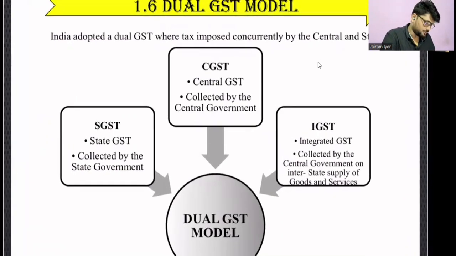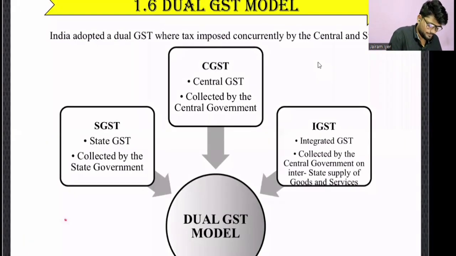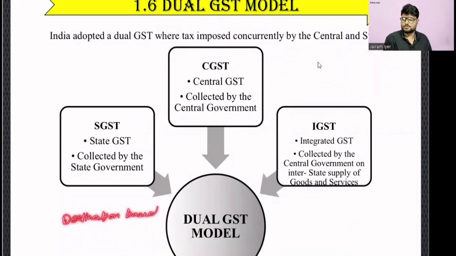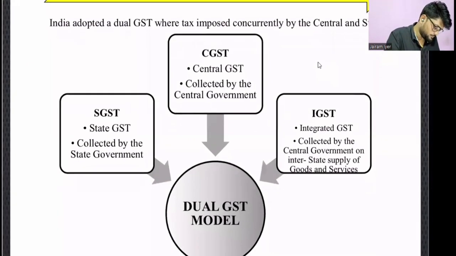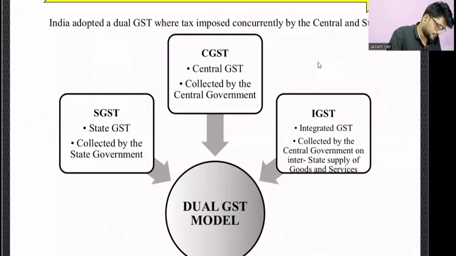Because we discussed that GST is a destination based tax. We haven't discussed this much, but I remember I have used it once. Today itself we'll discuss why I am saying destination based tax. So CGST is the central GST collected by the central government.